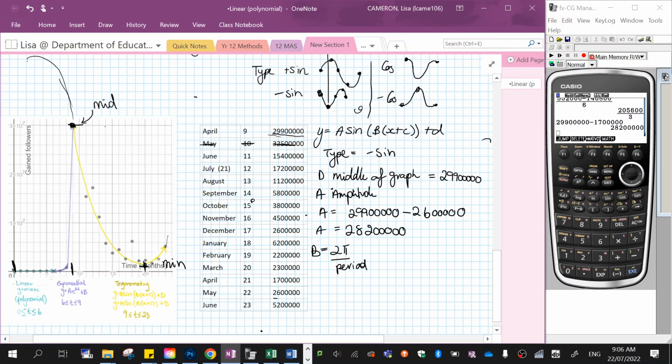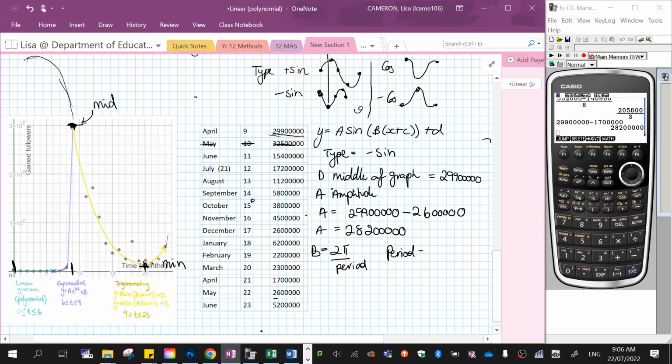Now, if I think about this graph that I've got here, my period, or the time it's going to take me to do one full lap. If this is the middle of my graph, there's one portion over here that I've left out, another portion here, and another portion here. So currently, between 9 and 20 represents a quarter of the period.